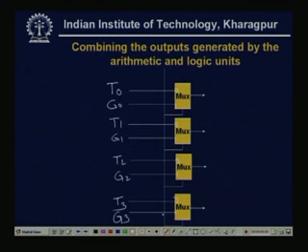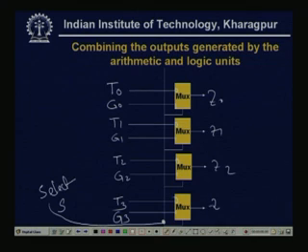And as usual it has the select lines S. Now, say these are my Z0, Z1, Z2, Z3.